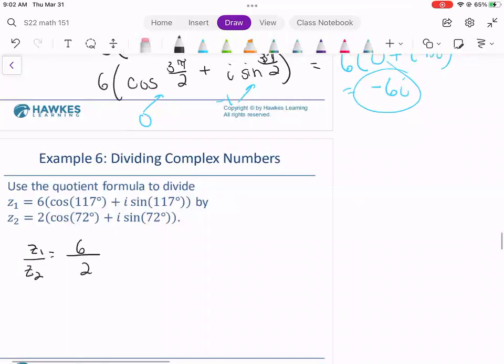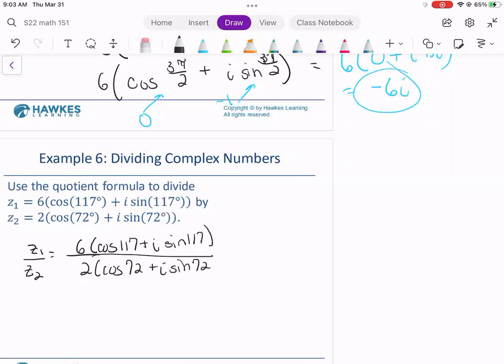We're looking at the cosine of 117 plus i times the sine of 117, divided by 2 times the cosine of 117, or I'm sorry, of 72, plus i times the sine of 72.